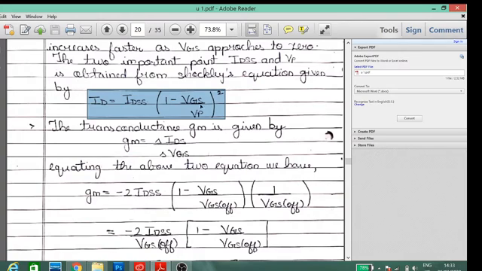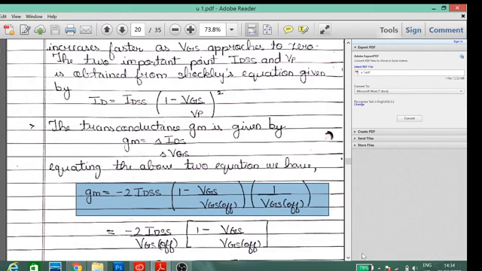When we take the derivative of the square, 2 will come down, times 1 minus VGS divided by VP. Inside the bracket, we differentiate 1; 1 is a constant, so it results in 0. And the second term, VGS divided by VP, results in minus 1 upon VP, with the minus outside. So the resultant we get this equation.